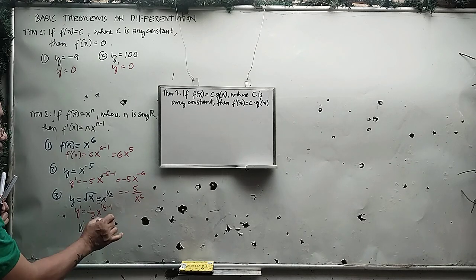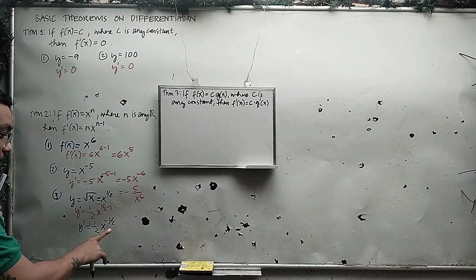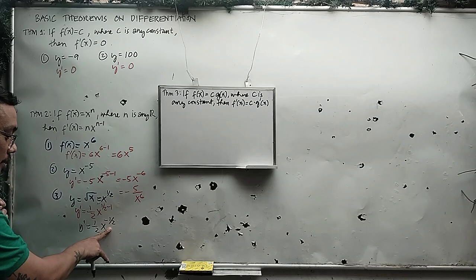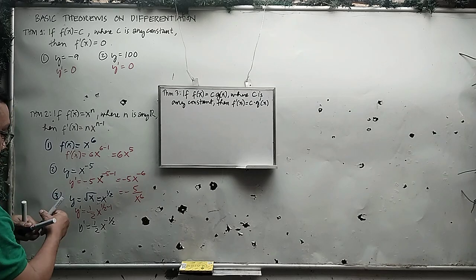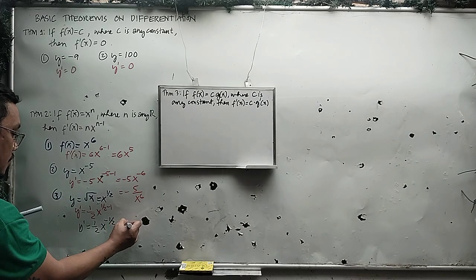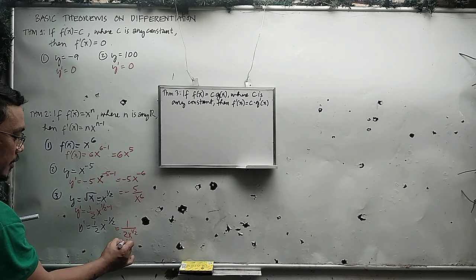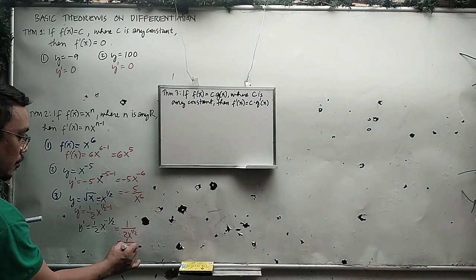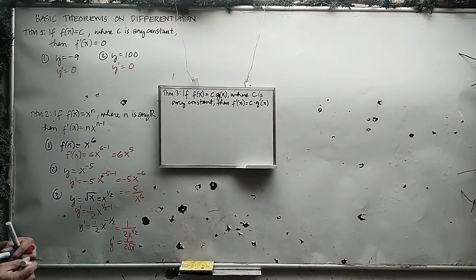What is 1/2 minus 1? That is negative 1/2. Then simplify further, because we cannot give a final answer where the power of the variable is negative. So we can rewrite that as 1 over 2x to the power of 1/2, which is also equivalent to 1 over 2 square root of x. It's just the same. Okay?